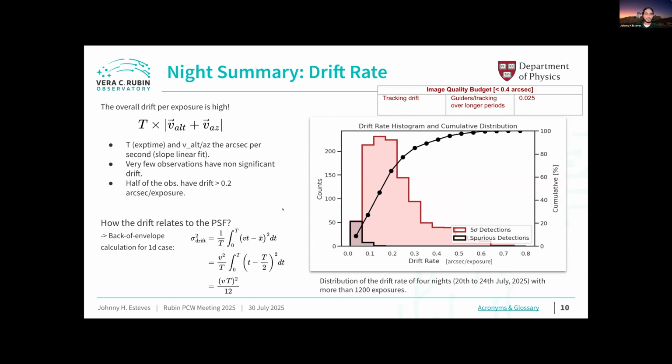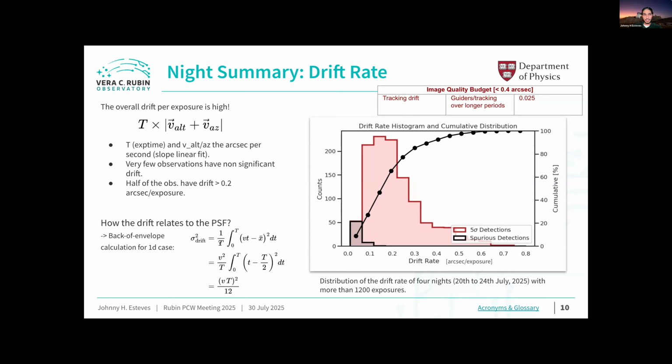So this already shows the importance of the guider as a way of diagnosing the telescope drift and the mount. And although this number seems high, the conversion to the PSF is not very straightforward, but we can do a back of the envelope calculation.